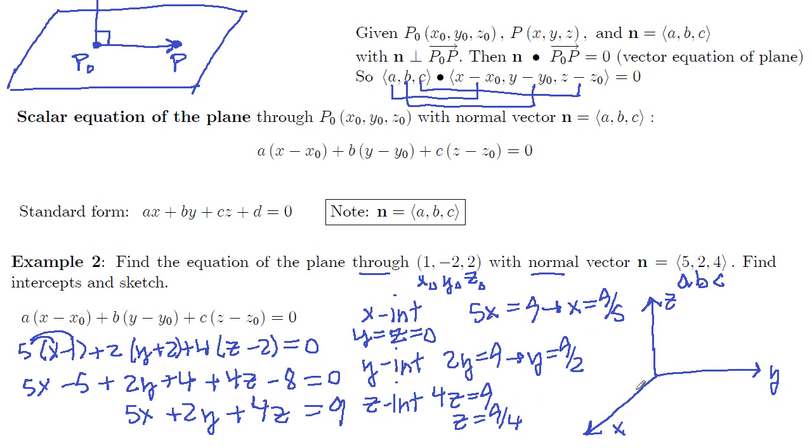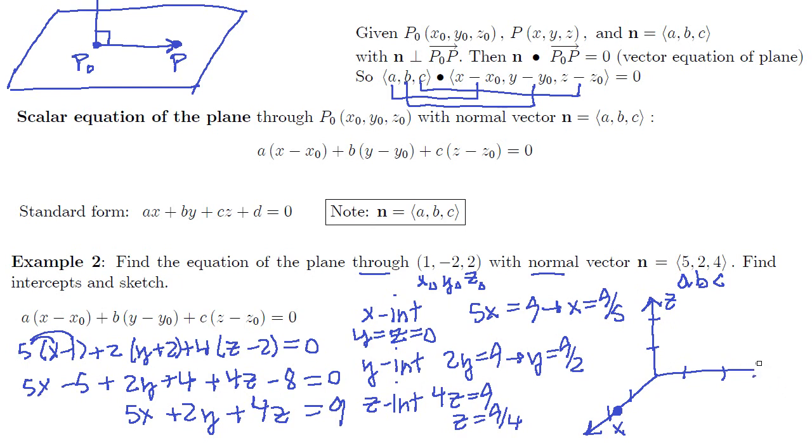So x is 9/5. Let's scale this off in ones here. So x is 9/5. 10/5 would be 2. So 9/5 would be about right here. And then let's see, y is 9/2. That's 4.5. So it's going to be out a little farther here.